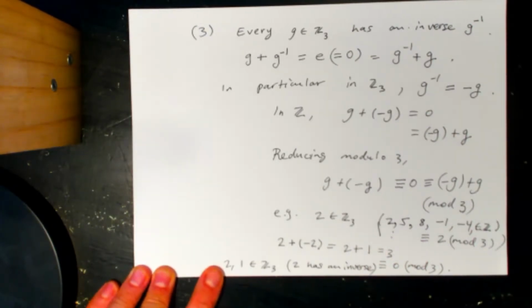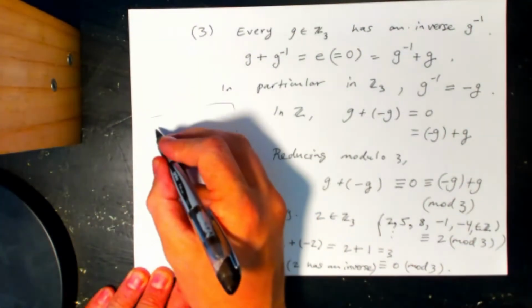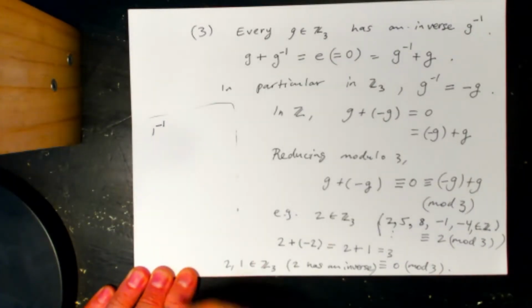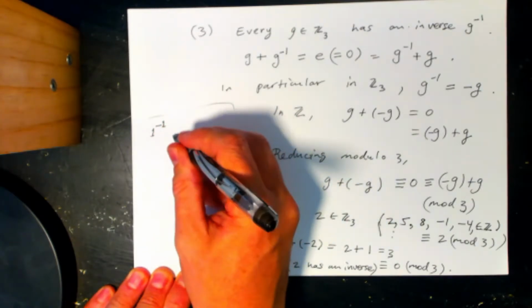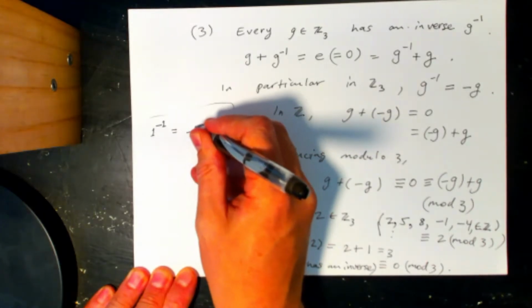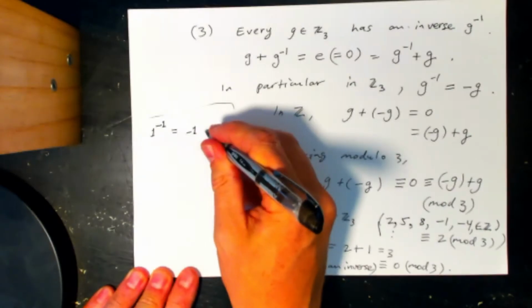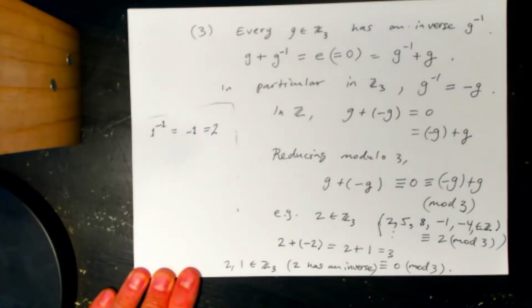Okay, but what about the number 1? So let's just write this here. So the inverse of 1, now this is writing this abstractly, I'll just make this look a little bit more like a 1. This is minus 1 under addition, which is 2, because if we add 3 to minus 1, we get 2.